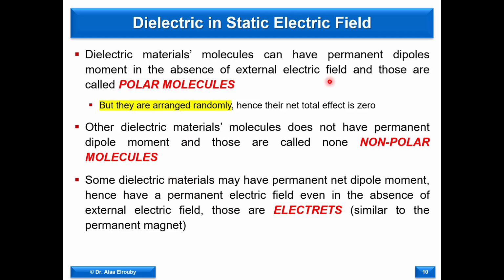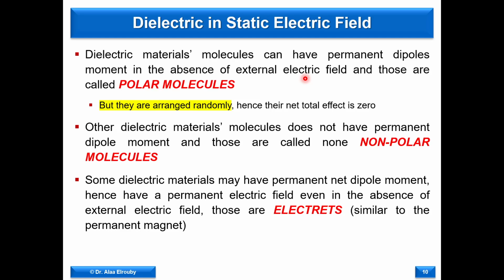Some materials do have polar molecules, and this is based on the internal structure of the material. If there is no electric field applied from outside, those polarized molecules, which are very large in number, equal to the number of electrons in the material, are of course randomly distributed, so the net effect would equal 0.